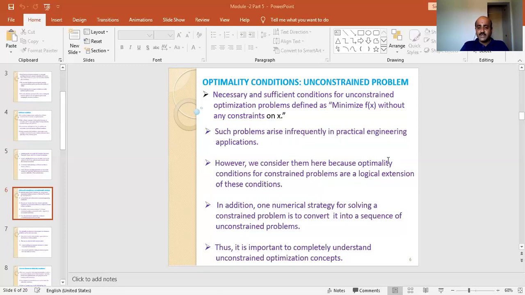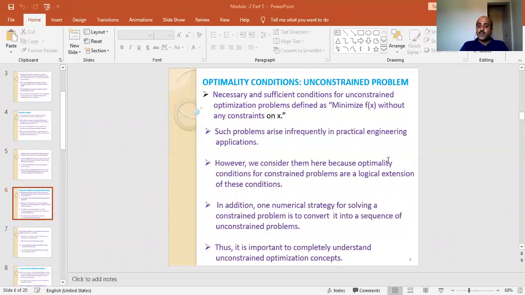practical engineering applications. However, we consider them here because optimality conditions for constrained problems are a logical extension of these conditions. If they are very infrequent in practical engineering applications, you may ask, why do we need to derive the optimality conditions for unconstrained problems? Because the optimality conditions for constrained problems are the logical extension of the conditions for unconstrained problems.